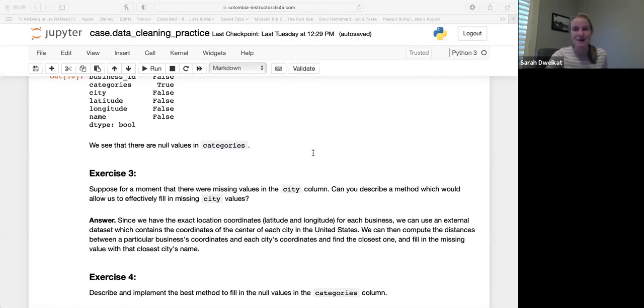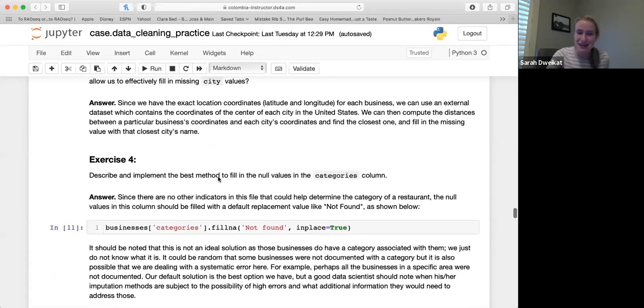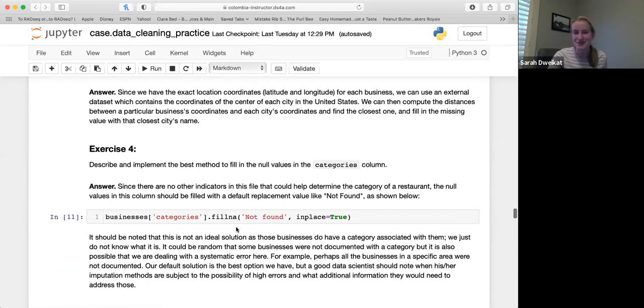Okay, and some people are keeping it simple with filling it in with NaN values or with not reviewed. Yeah, so if you said the simple answer of not found or NaN values, you were correct. But I think all of these answers that you have for filling in this data are really creative. And it does depend on what the categories actually are and how specific they get.